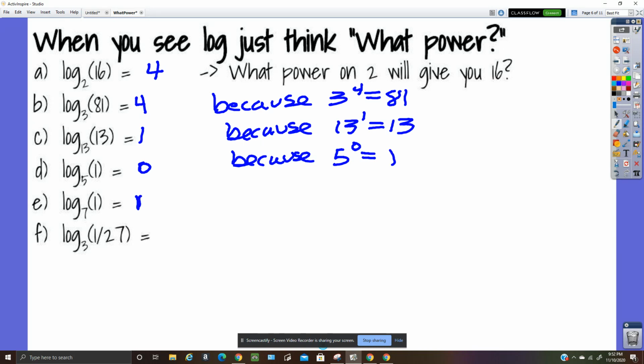There's no answer to that, because 7 to any power would be either a fraction or greater than 1. And then 3 to what power is 1/27? This is 3 to the negative 3.